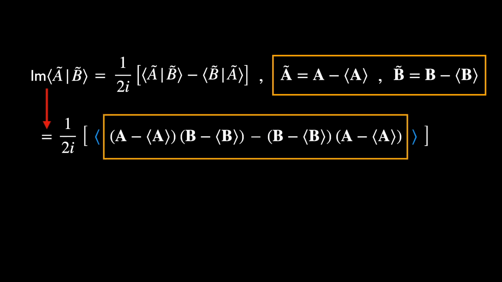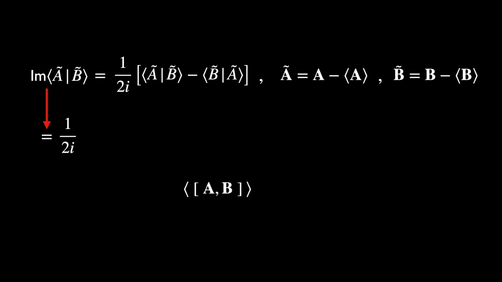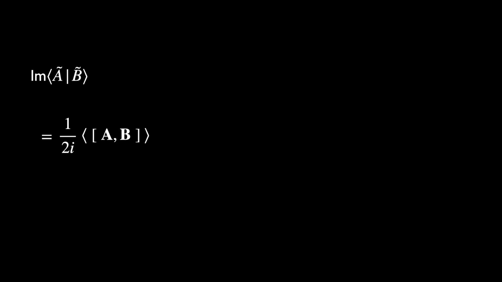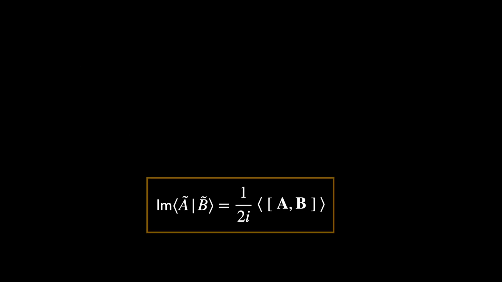Looking at the expression in the yellow box, we notice that it is equal to the difference between two terms of opposite ordering. Thus we can immediately conclude that terms linear in operators, or are just purely numbers, must cancel out as they are not sensitive to operator ordering, leaving only terms that are quadratic in operators, which is found to be the commutator between A and B. Let's substitute this back into our inequality.